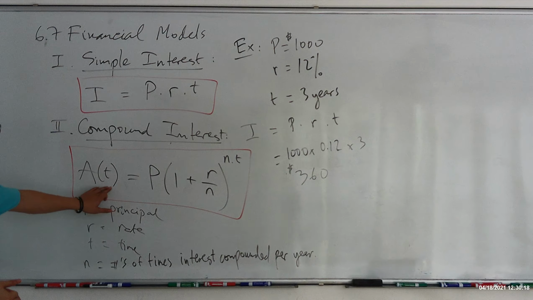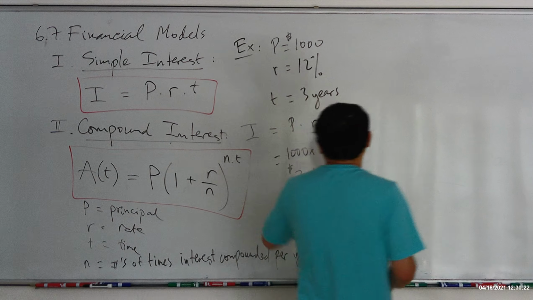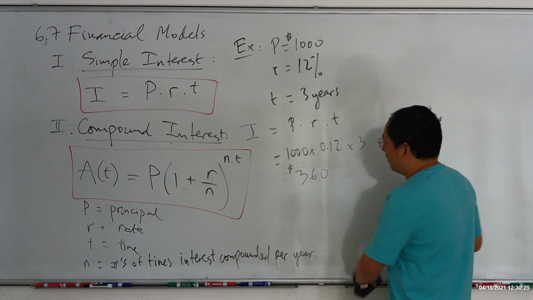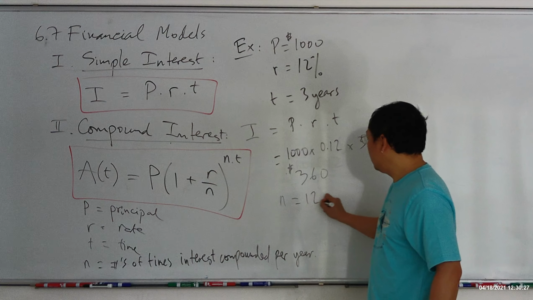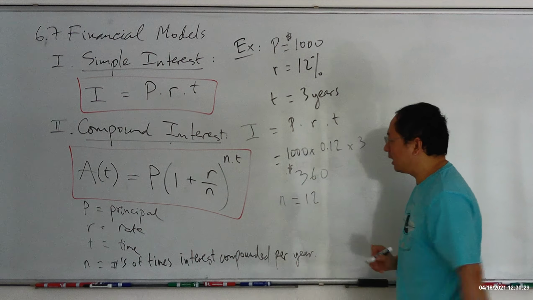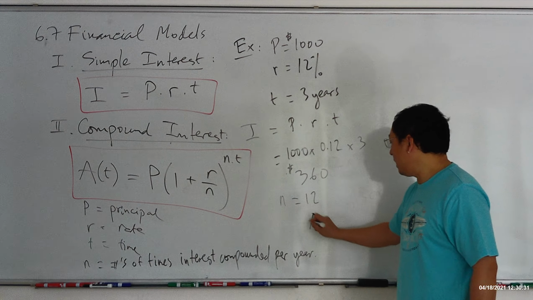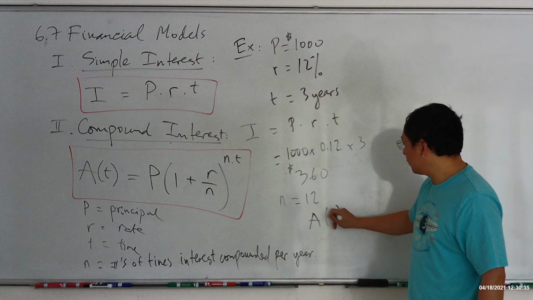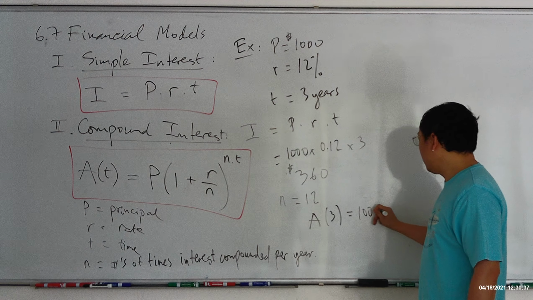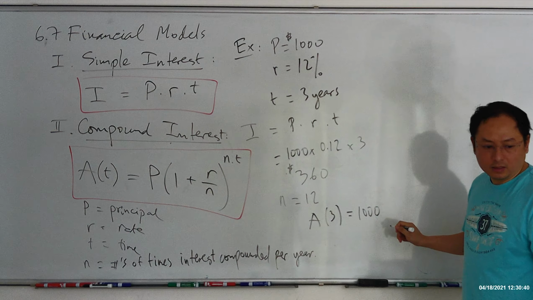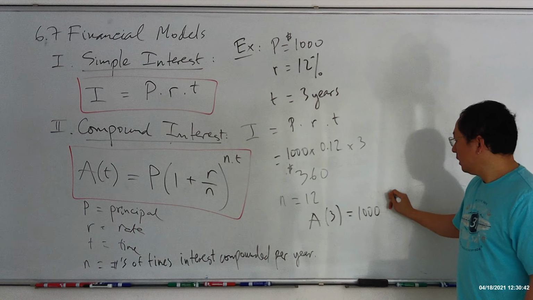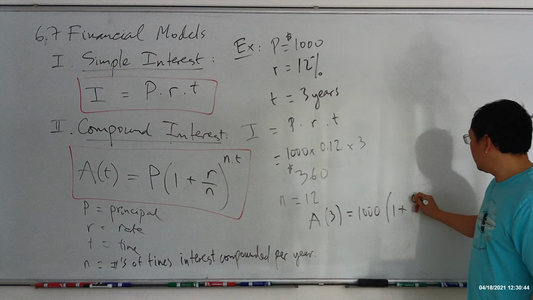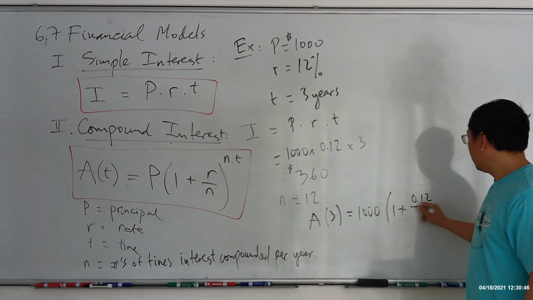Okay, and A_T we talked about already, this is a future amount. So apply this formula. If the interest is compounded monthly with N equal to 12, then I claim you are going to have more money. The amount of money after 3 years, so let me pick 3 right here, is going to be equal to 1,000 times 1 plus the interest rate 0.12 divided by 12.